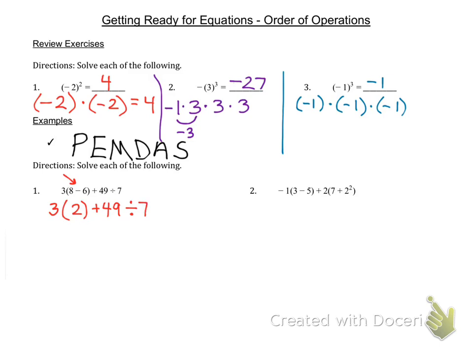Okay, next step. So I solved all of my parentheses. Now be careful, right here, there are parentheses, but remember, those parentheses don't mean grouping. Those parentheses mean multiplication.